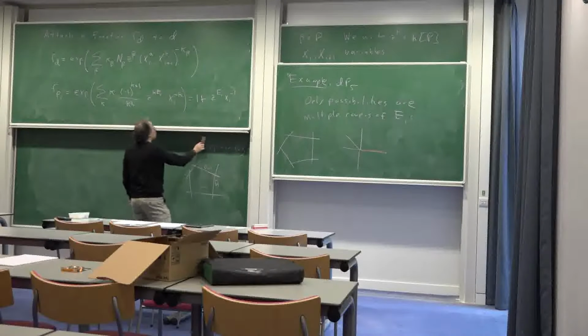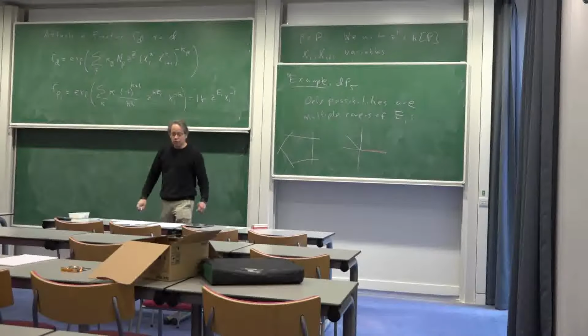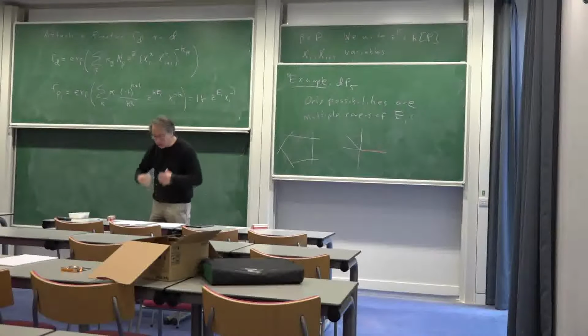The idea, of course, is that the scattering diagram is supposed to instruct us how to glue together various pieces, some sort of standard pieces, to get some interesting variety.